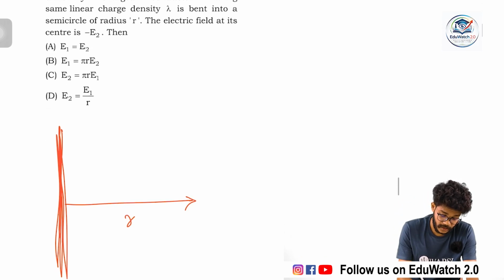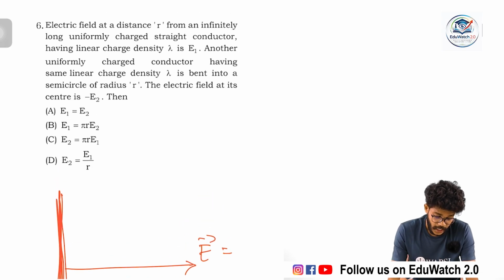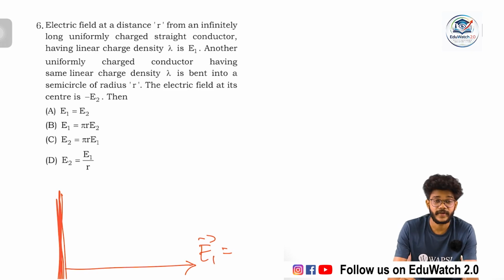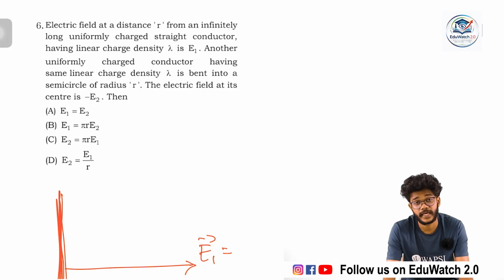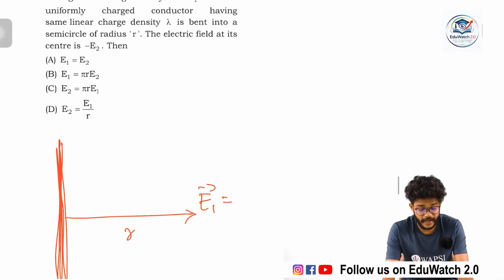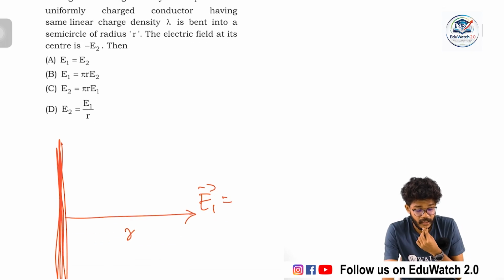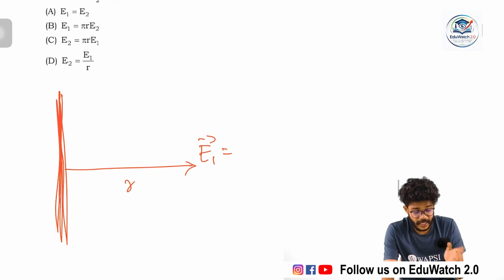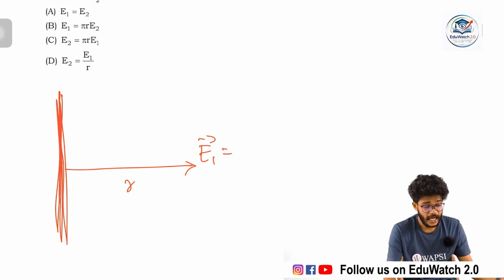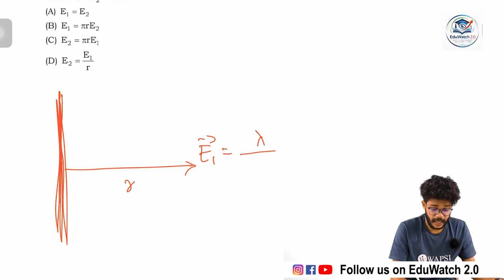They have named the electric field E1. The value of E1 is lambda by 2 pi epsilon 0 r.